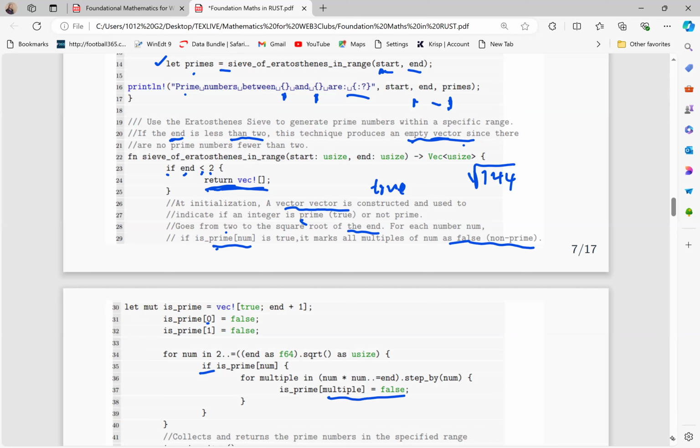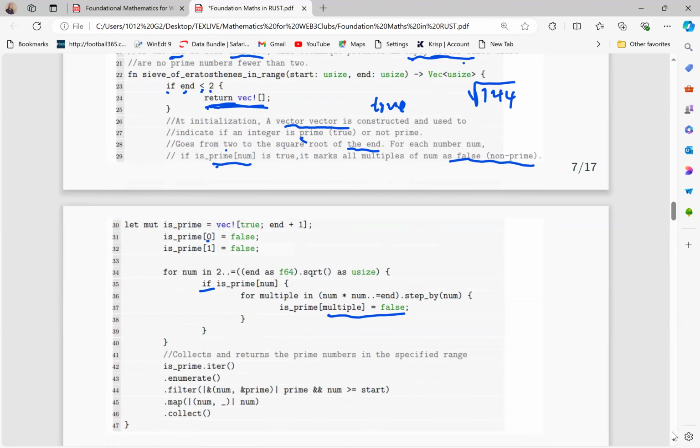And then after that, it comes to 3. Where have I written that? One minute.